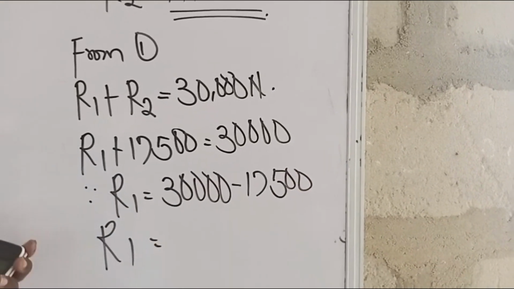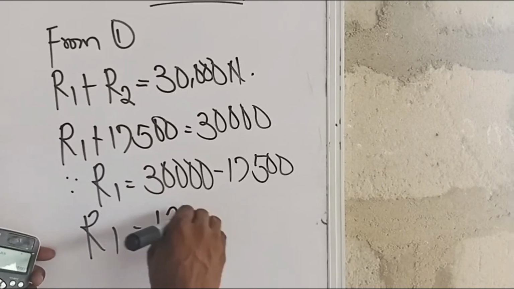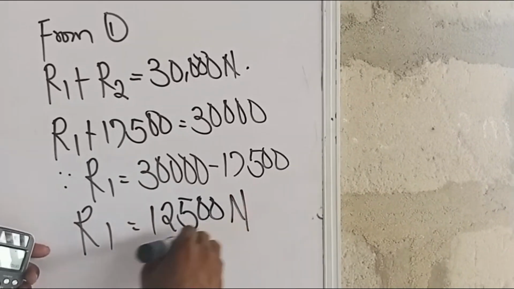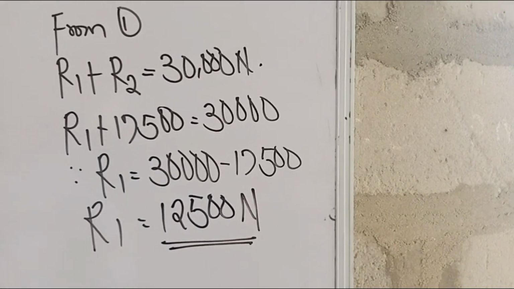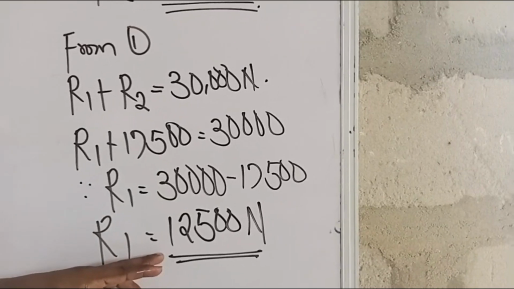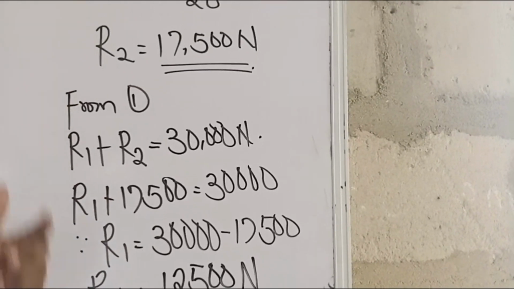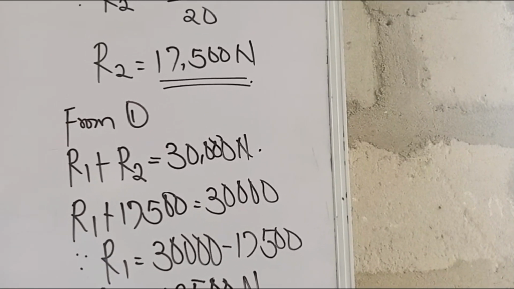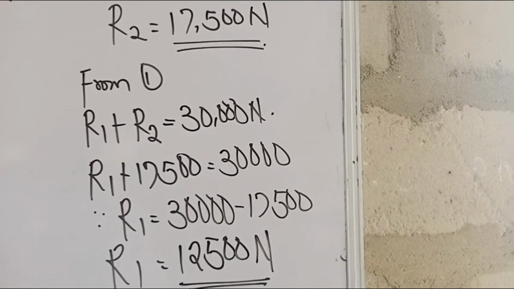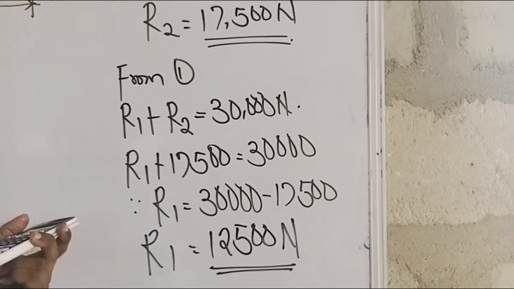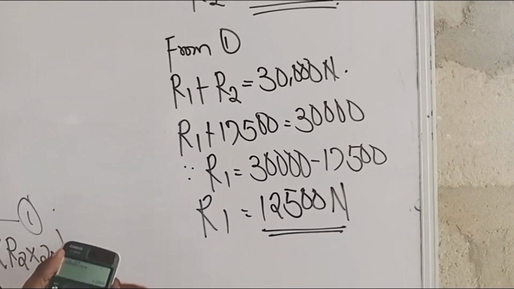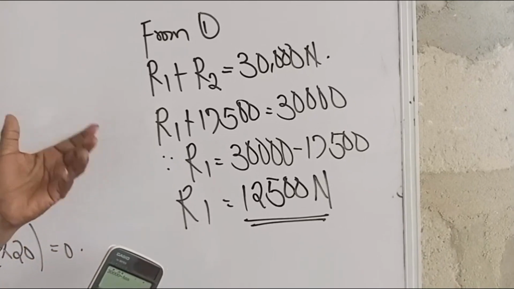R1 will give us 12,500 Newton. So the reaction at both supports is: reaction 1 is 12,500 Newton, reaction 2 is 17,500 Newton. So this is how to apply the concept of moment, uniformly distributed loads, and the concept of equilibrium force system.